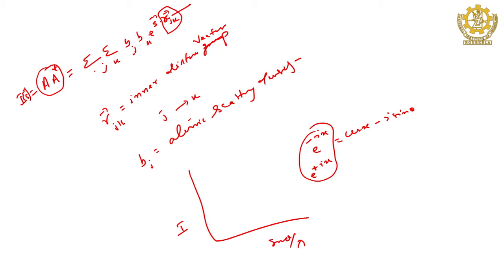So now tell what will happen for heavier elements and for light elements. Let us say you take 3 elements: sodium, iron, sulfur and oxygen. For these, how will the atomic structure factor look like?